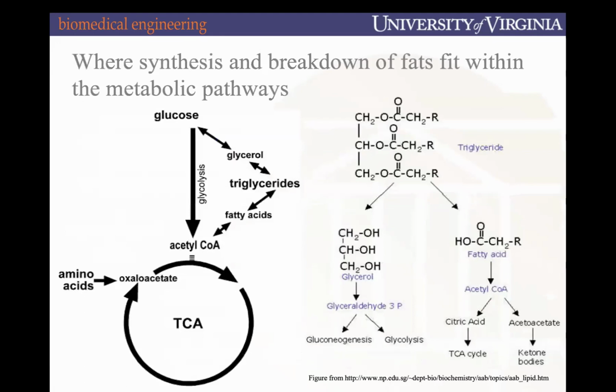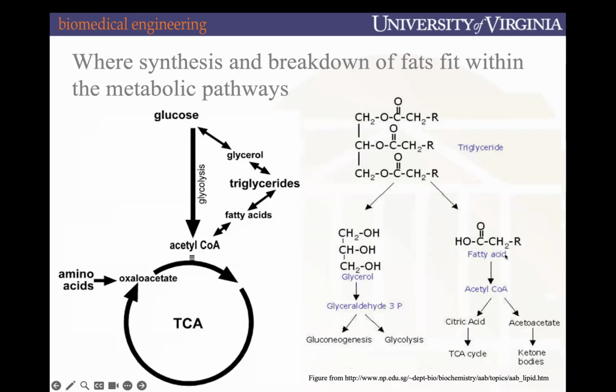What this looks like all together, as kind of a balance between amino acids, lipids, and glucose, is we have our glucose that will move down glycolysis. We have our amino acids that can plug into the TCA cycle via different amino acids being processed differently. We also have, again, our triglycerides that via lipases can be broken down into a glycerol and fatty acids.